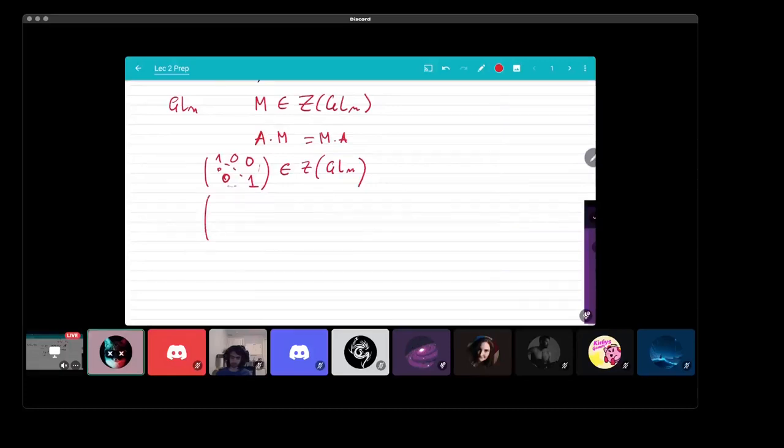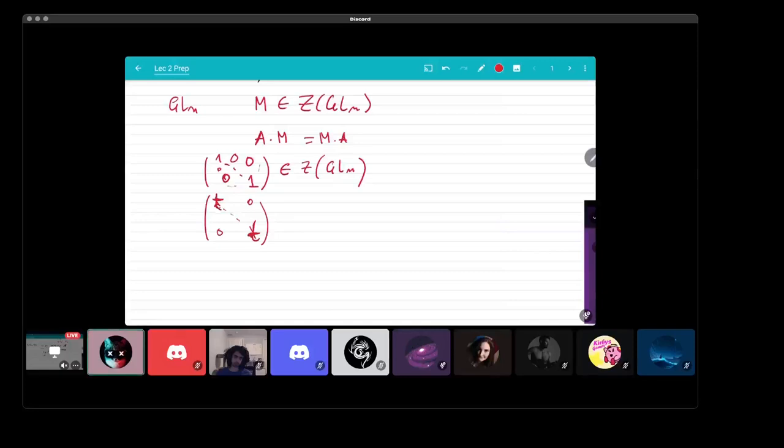Matrices with diagonal elements all the same also commute. So these are some real number, say t, times the identity. Why is that? Two ways to show.